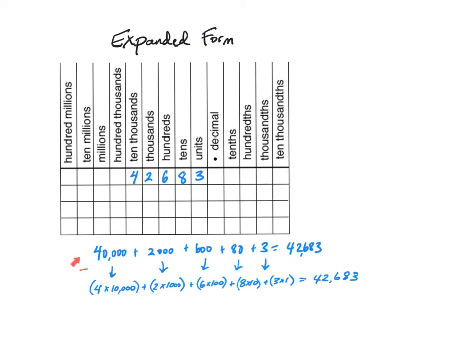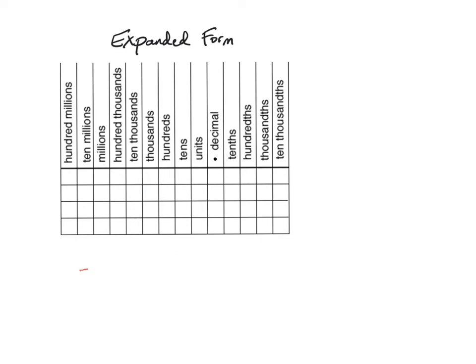These two versions of expanded form, this version and this version, are the same thing. The bottom version is just an even more expanded version of the number. So let's look at an example of expanded form with powers of 10 and a number with decimals. So let's say we have 4,258 and 207 thousandths.